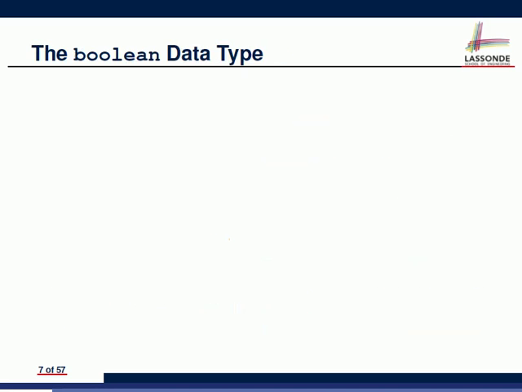Now before I talk about our if statements, which we informally introduced last time, let's talk about a new data type. Remember what a data type is. A data type is simply a collection of relevant values. When we talk about the integer data type, it's all the integers, for example, -5, -4, 0, and then 2 and 3, etc. And the double data type can be any number with a fractional part.